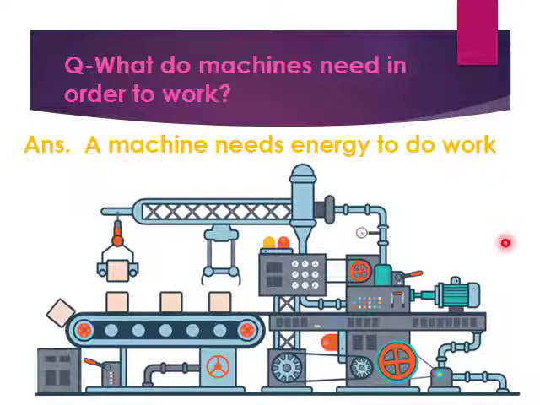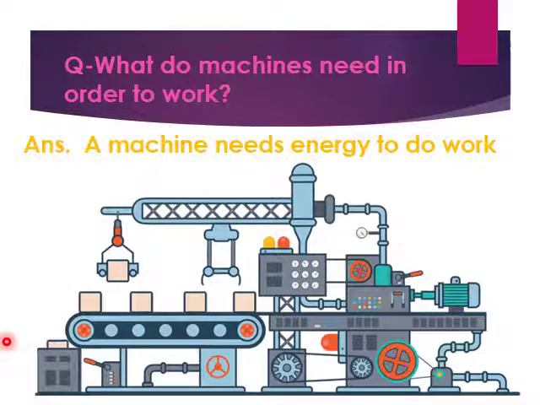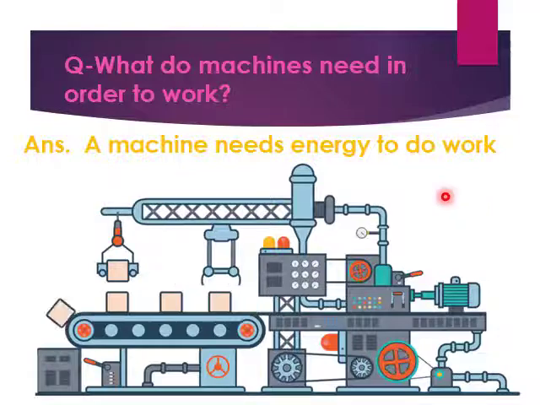A manual sewing machine, for example, needs the power of your arms, and a washing machine uses electricity. A car uses energy in petrol, and a steam engine uses the power of steam to work. So we use machines all the time, and machines need energy to do work.